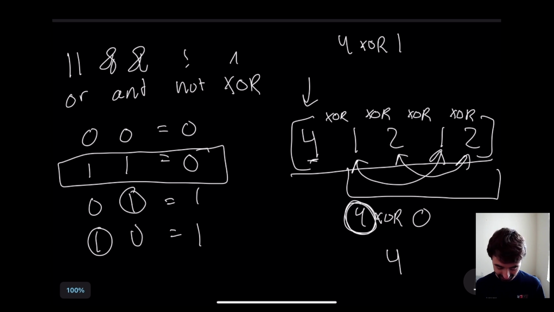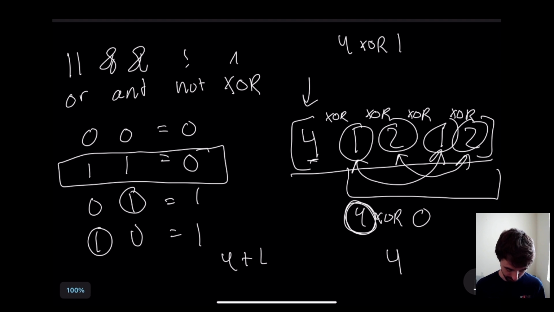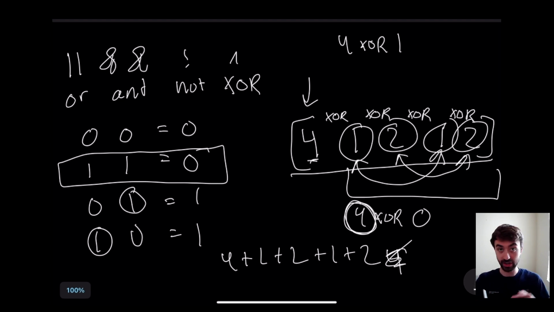I think it's commutative, because we have these pairs in here, and if we just XOR everything together, it's the same thing as doing like 4 plus 1 plus 2 plus 1 plus 2. It doesn't matter what order we do these in, we could arrange it, whatever property of math that is, and it would work out. XOR is the same way. So because there are pairs in the array, they're going to cancel each other out, and we're just going to be left with the value that we care about.